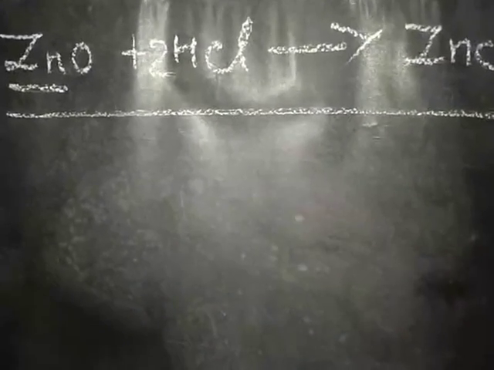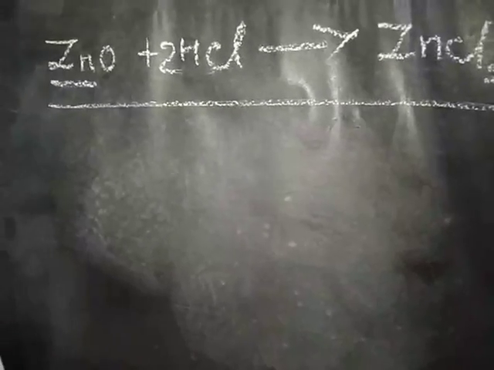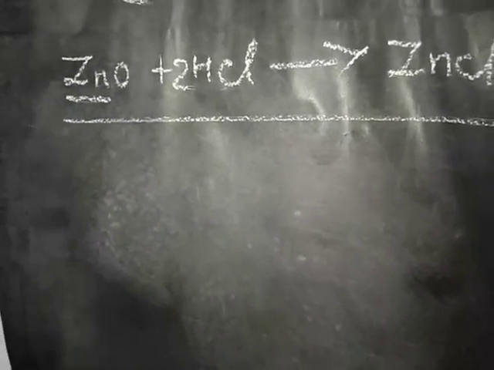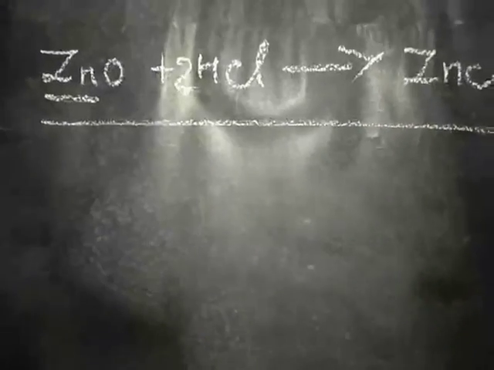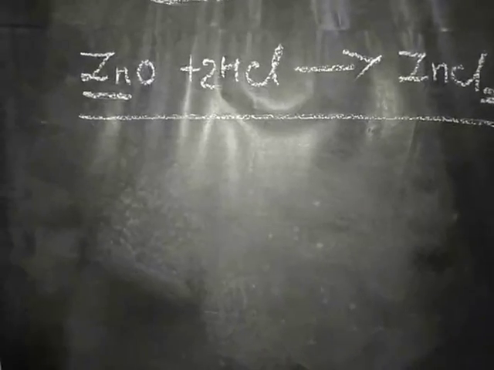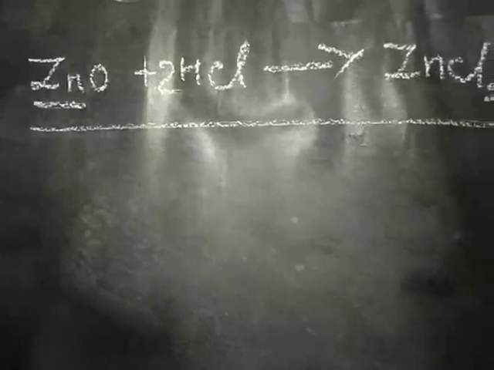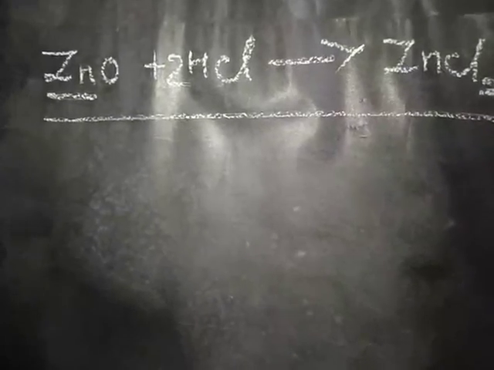Bases that are soluble in water are called alkalis. So all alkalis are bases, but not all bases are alkalis.